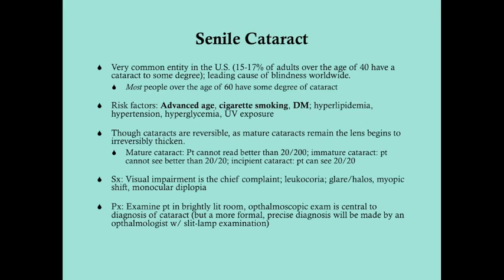Certainly diabetes type 1 can't be reversed. There is an association with hyperglycemia, so untreated, uncontrolled diabetes mellitus is probably more of a risk factor than diabetes mellitus that's controlled. Hyperlipidemia, particularly high triglycerides, is a risk factor, and then hypertension is also another risk factor.